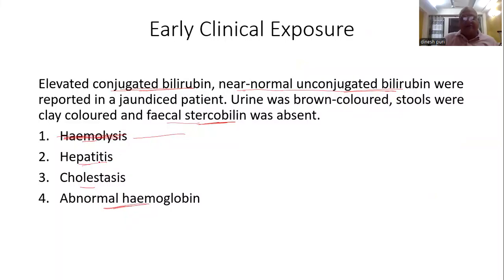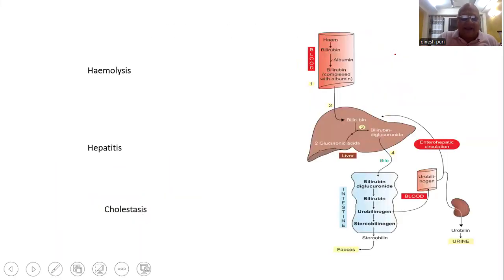Before we come to the next option, hepatitis, let us see what is conjugated bilirubin. Unconjugated हमने देखा, it is a form which is complexed with albumin. Please remember, it is complexed, not conjugated. Conjugated means formation of a covalent linkage. तो अब हम देखते हैं what is conjugated bilirubin.